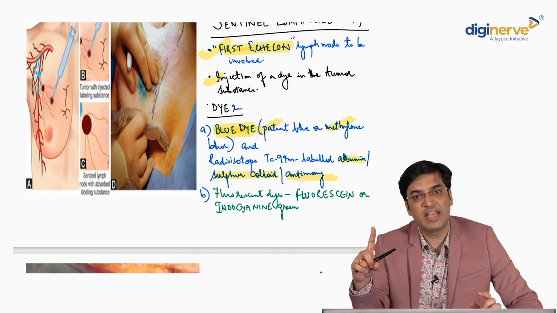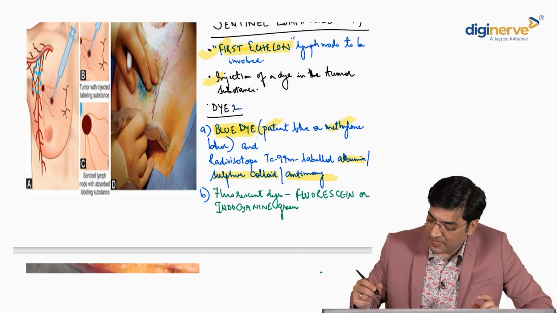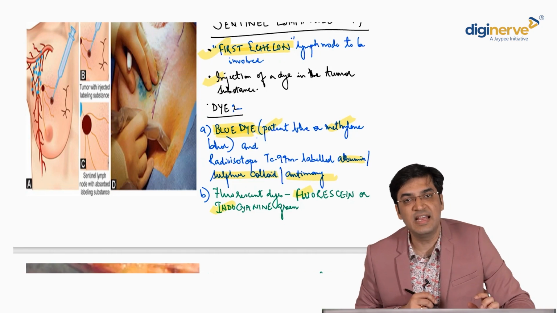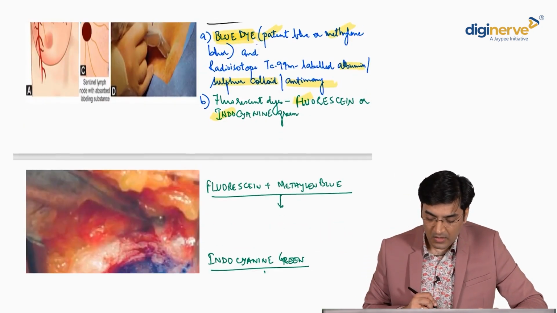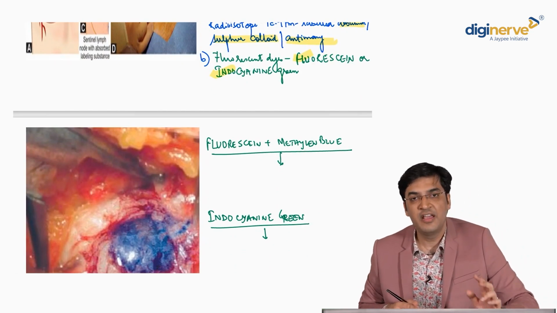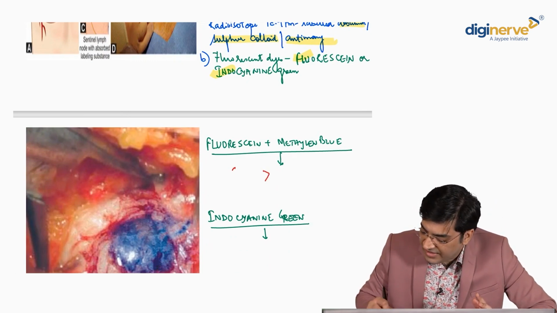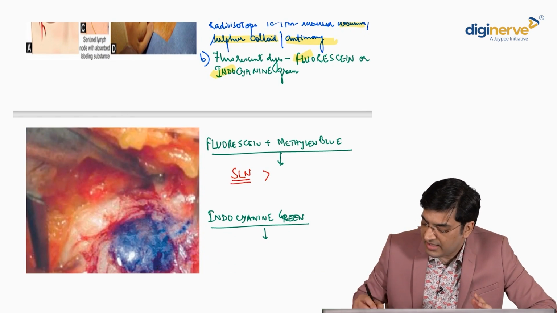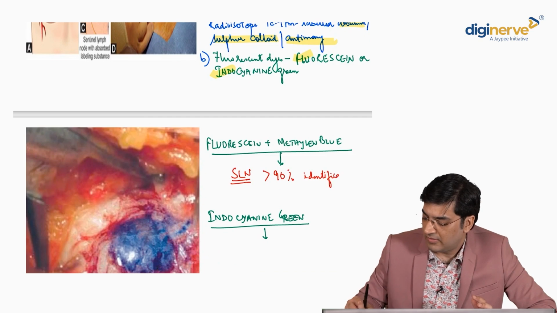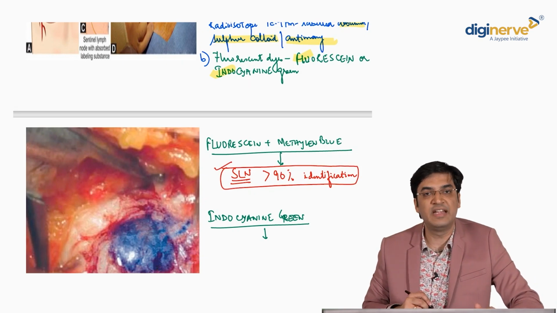Now, other than this, what can be used? We can also use fluorescent dyes like fluorescein and indocyanine green. These two dyes can also be used for sentinel lymph node biopsy. What particularly you need to remember about these two dyes is, when you use fluorescein and methylene blue, the sentinel lymph node identification rate is more than 90%.